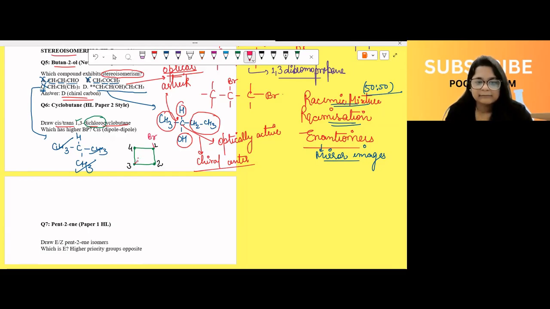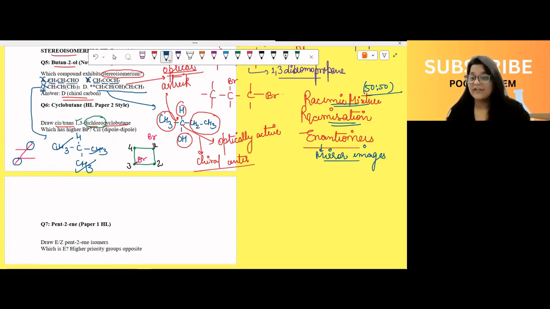Now this looks like a square. These are the two parallel sides, and if you make a transversal, it is like this, right? The transversal has one end up, one end down. Over here, I made both up. So when both are up, it will be a cis form.